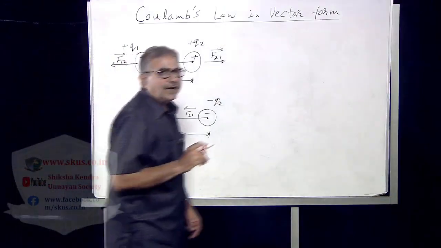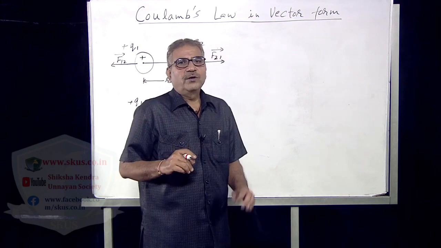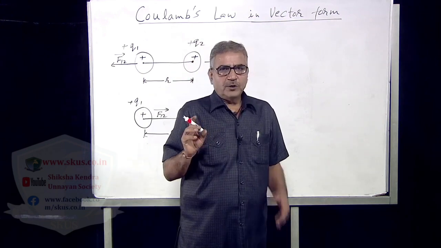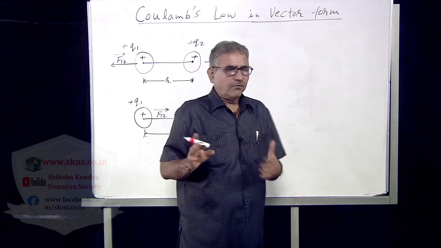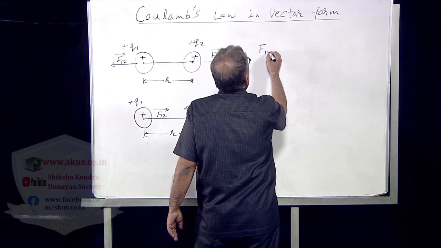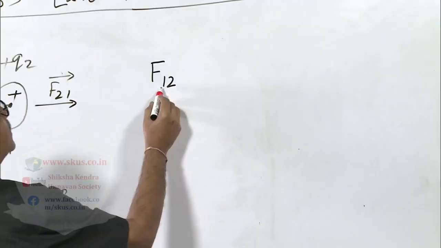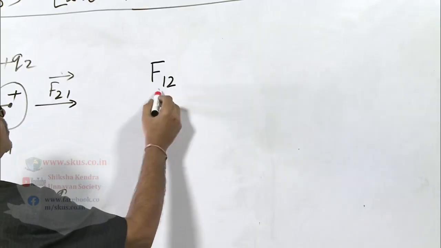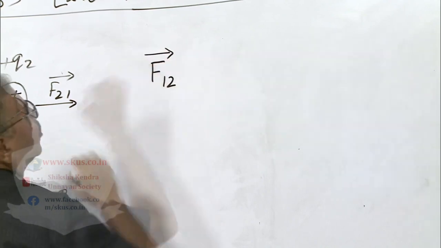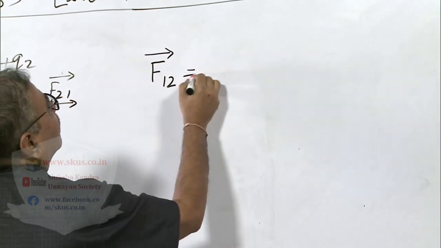Now we will understand these F12 and F21 in terms of equations. Let us write equations for F12 and F21 in the vector form. F12, force on 1. This subscript 1, 2 denotes that this is the force on charge 1 due to charge 2. Let us put a vector sign on it.